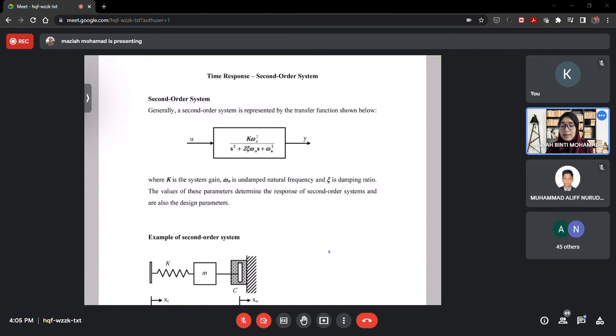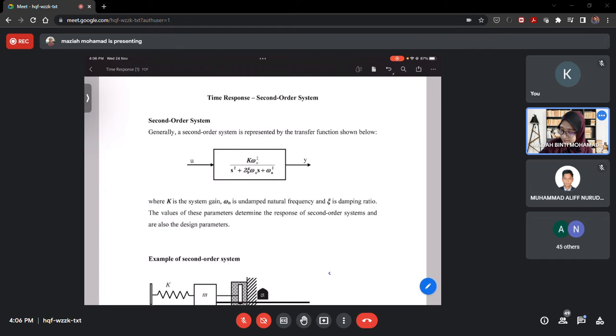Meaning it will amplify the input and give the final value.